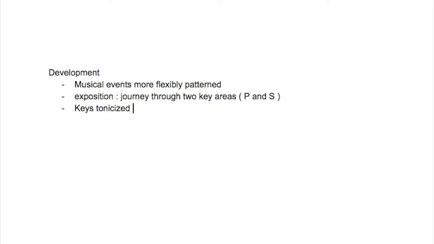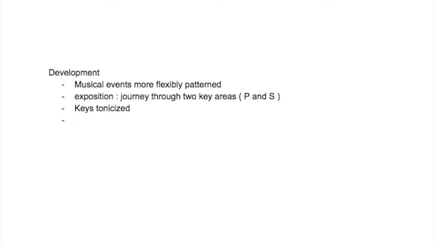In another sonata, it's possible that we see 10 different keys being referenced, whether briefly tonicized or as a more extended key area. So the number of keys being tonicized can be very different in the development section from one sonata to another.